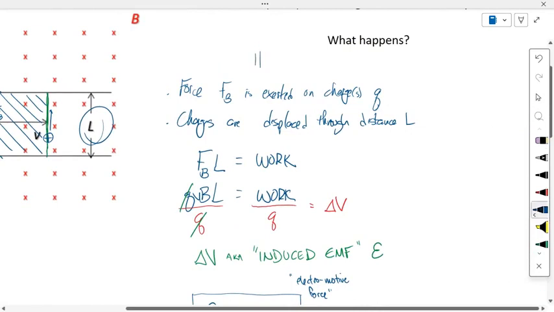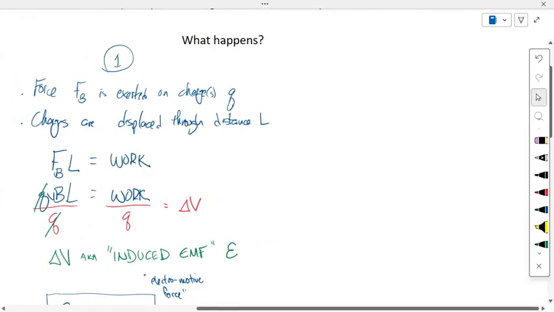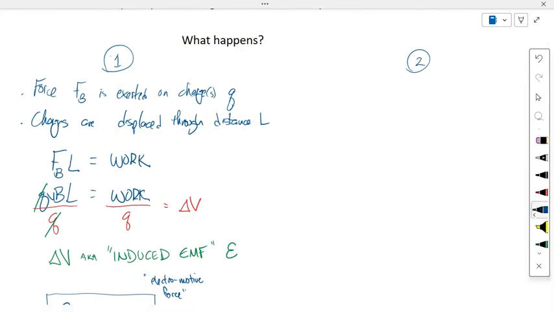Number one, all right, that stuff. Two is that magnetic flux changes. And it changes because we can say there's a delta phi that's equal to the change in B times A dot product.